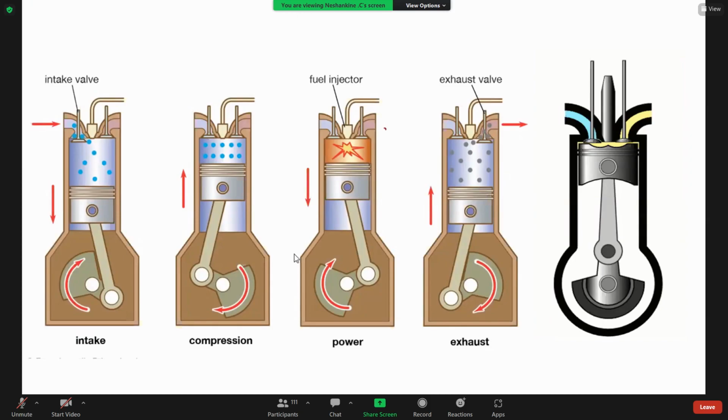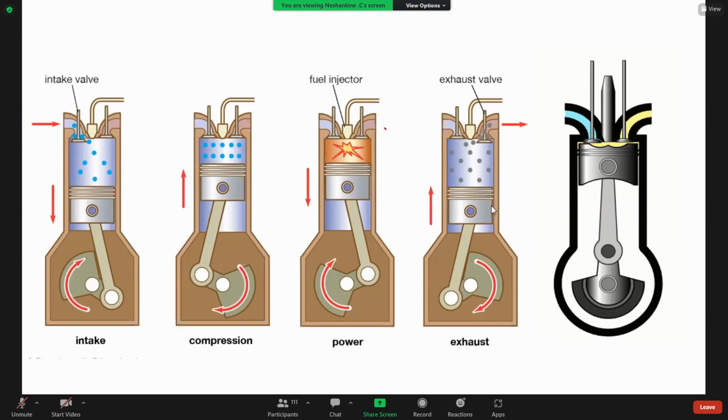Then power stroke. At that time, the fuel injector sprays the diesel into this chamber. Here, the compressed air is at very high temperature. Then, if we spray the fuel, what will happen? That fuel will ignite. Then power is produced.